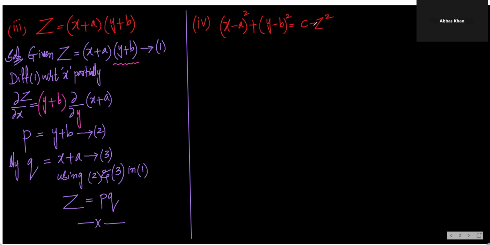In this question many students make a mistake, let me tell you what it is. Solution. Your step one is given: (x minus a) whole square plus (y minus b) whole square is equal to (c minus z) square.